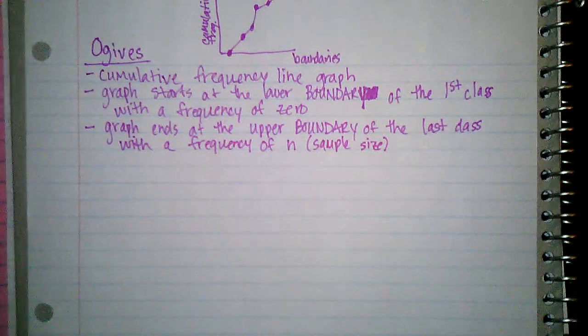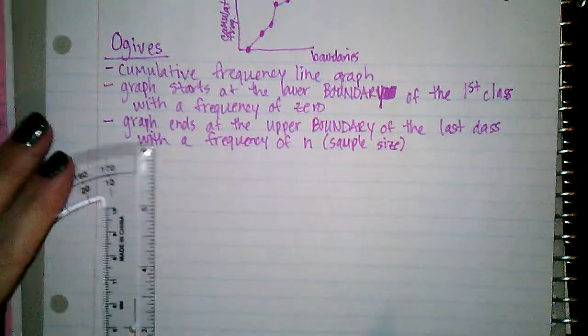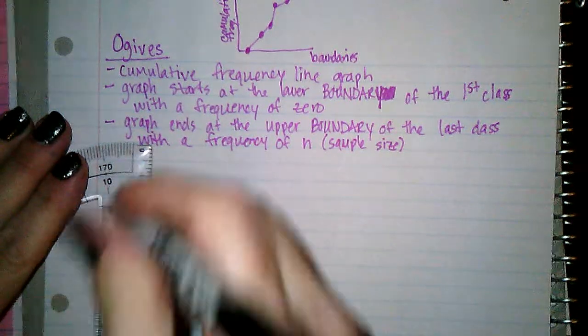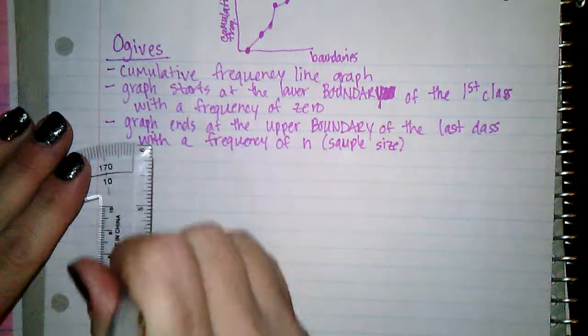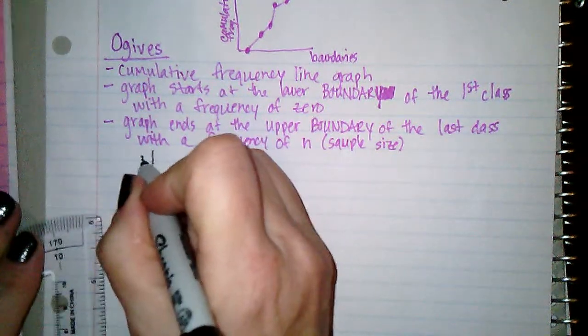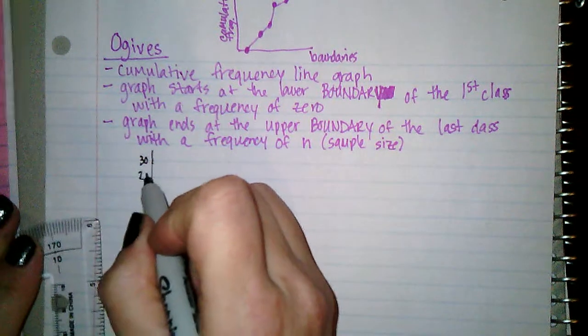So we're going to create a cumulative frequency graph for our number of GPS units. And this time our vertical axis is going to have to go up a whole lot higher than 10 because our sample size was 30. So we need to at least go up to 30.